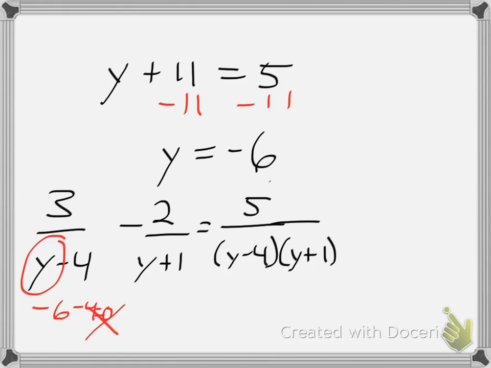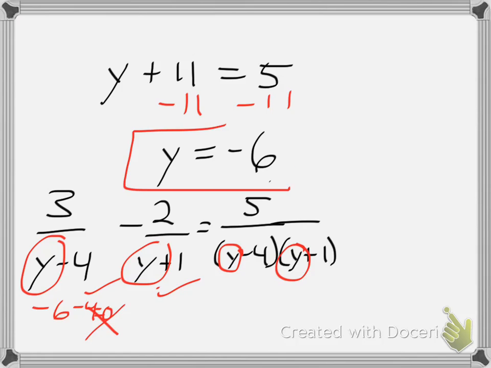So that's fine. If I put negative 6 in for y here, negative 6 plus 1, is that 0? It's not, so that's fine. And the same goes here. Same number, so it works the same way. If I put negative 6 in here, negative 6 here, neither one of those values would end up being 0. So what that means is that the negative 6 checks out. It will be a valid answer.